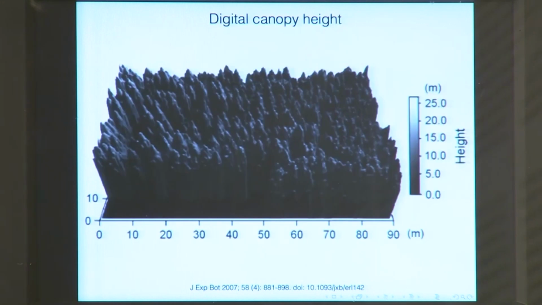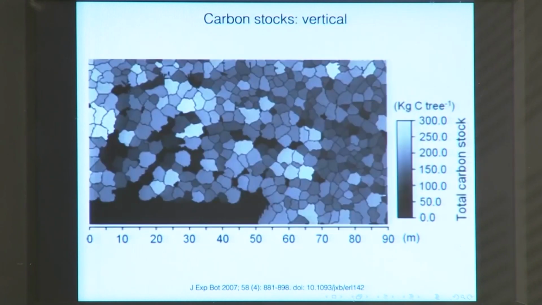You can construct a digital canopy height model as we saw before, and this digital canopy height model together with the information of the canopy structure can be used to figure out the carbon stocks that are present in your forest. Now, measurement of carbon stocks is essential because forests are one of our very good tools for climate change mitigation.